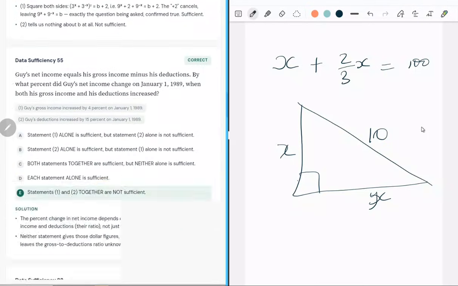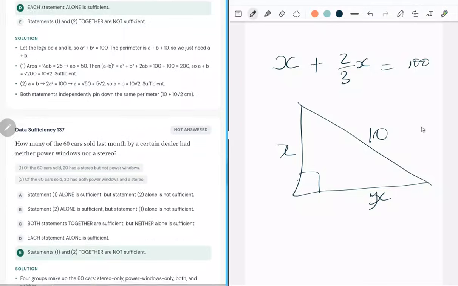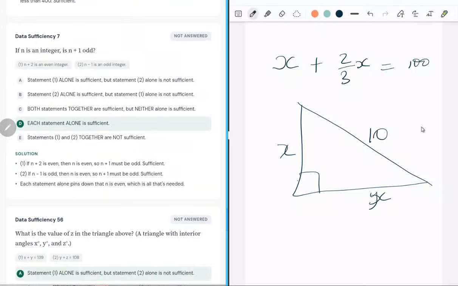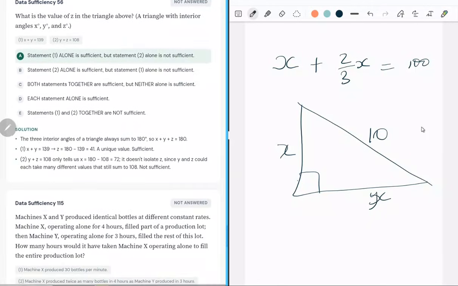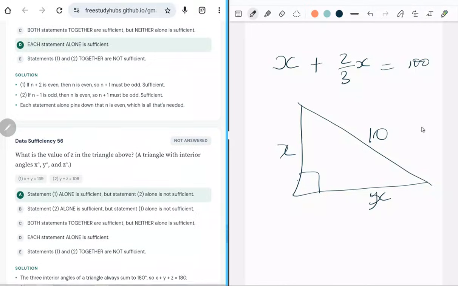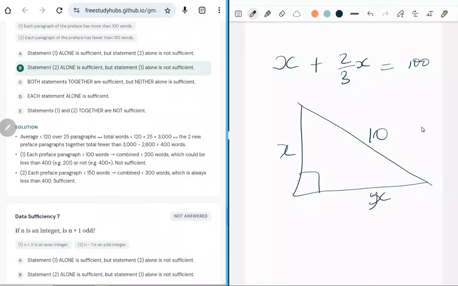So we only need one of those, right? Because we know it's x times x. I think statement 2 is sufficient. I want to be sure of what statement 1 stated.